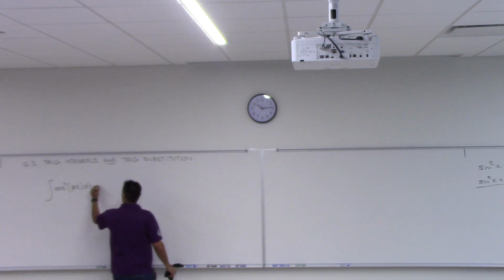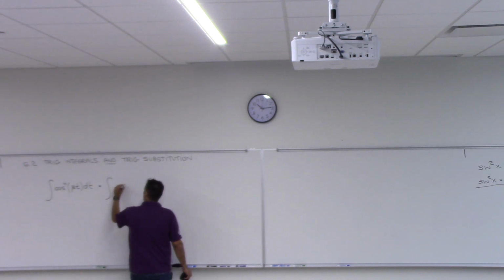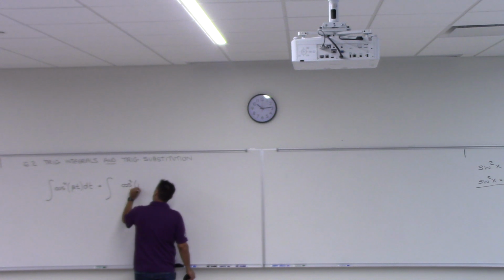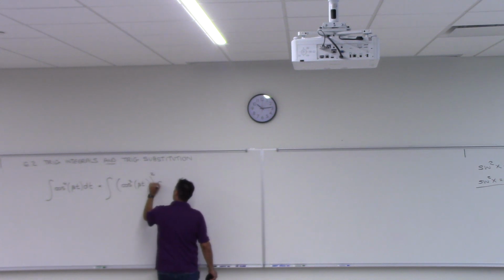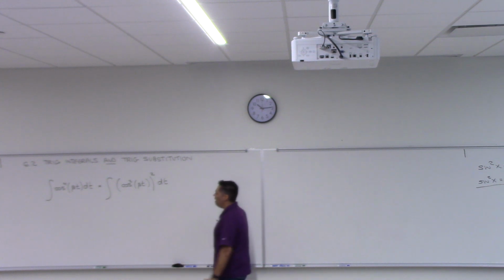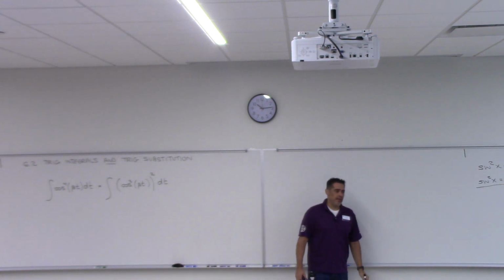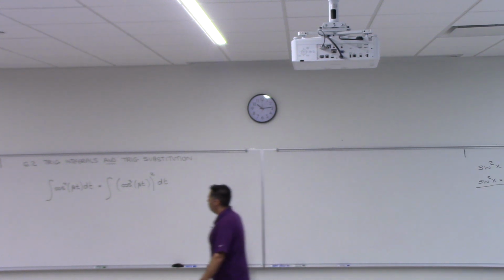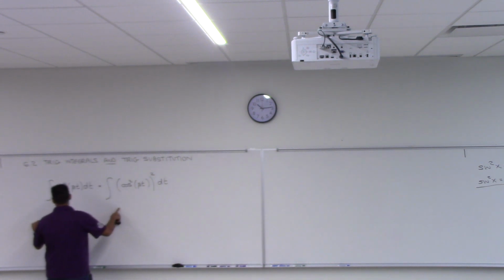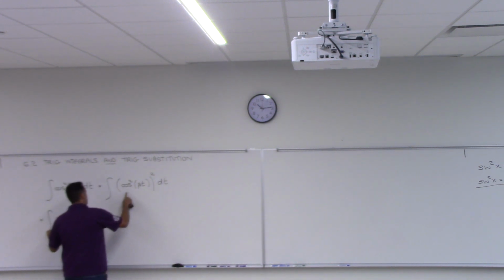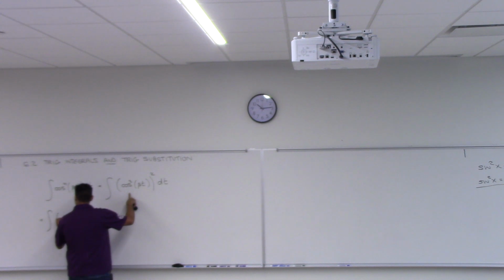So this is the same as cosine squared beta t, all of that squared dt. And now the part that's on the inside can be rewritten as 1/2. We've got to make sure we get our parentheses right here. We're doing cosine this time.